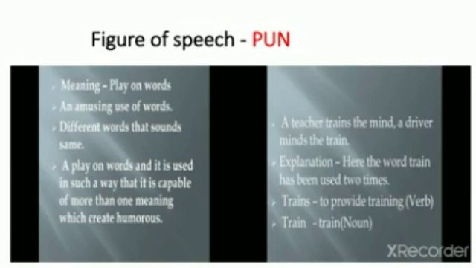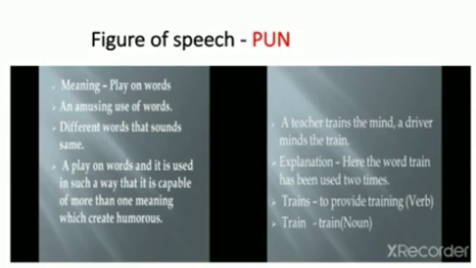Look at the example. A teacher trains the mind, a driver minds the train. Now here the word train has been used two times. In the first part of the sentence, a teacher trains the mind. Here the word train means gives training, coaches. It is used as a verb.